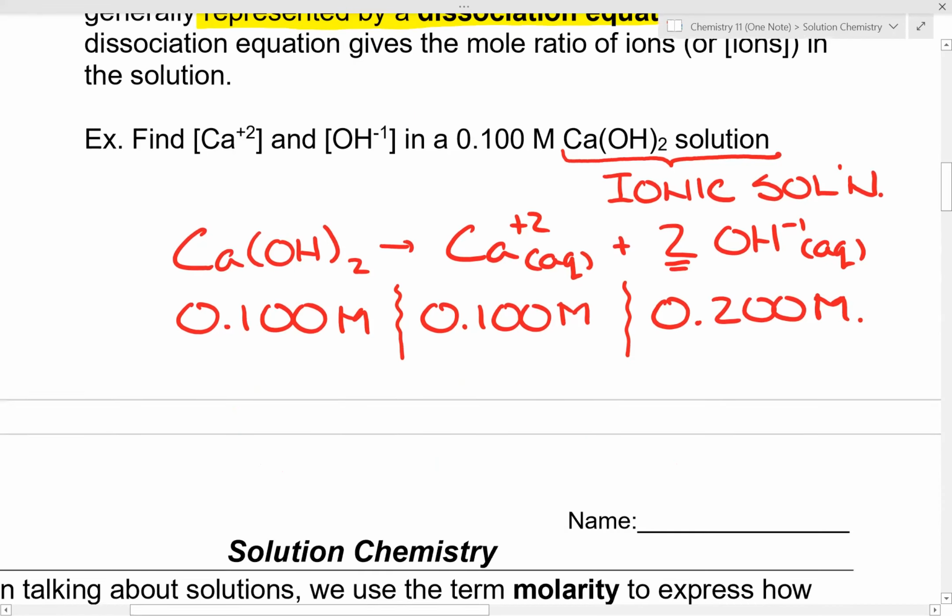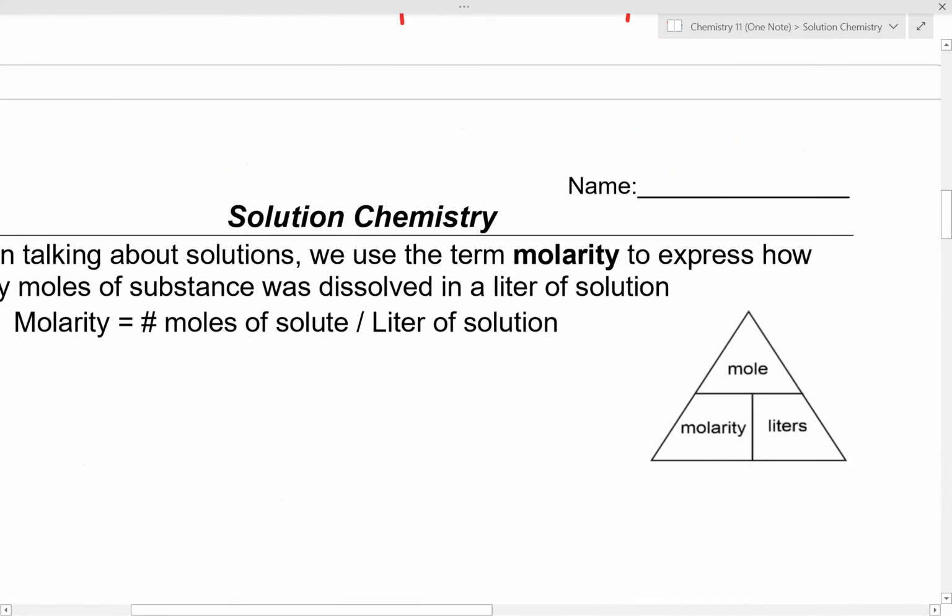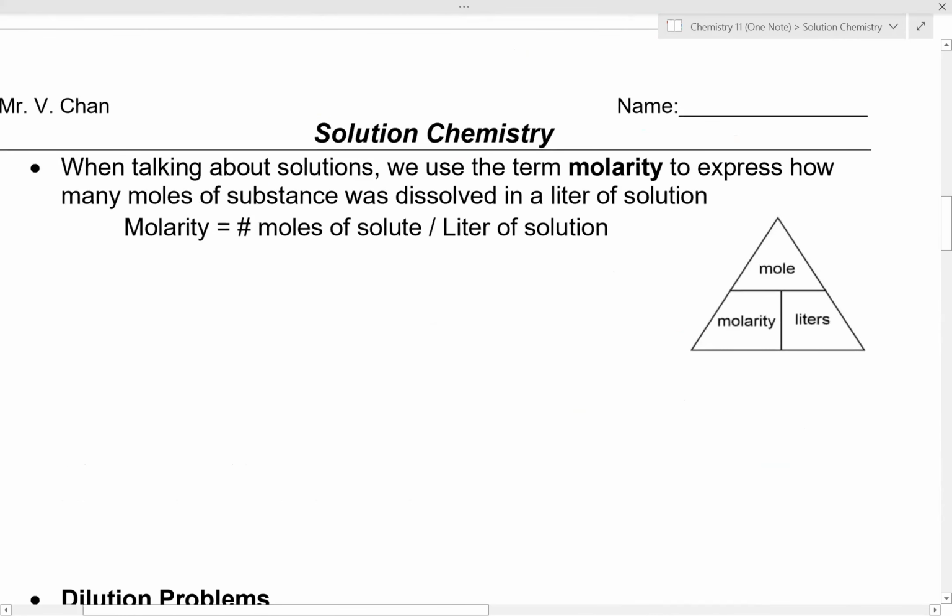Now, when talking about solutions, we use the term molarity to express how many moles of substance was dissolved in a liter of solution.